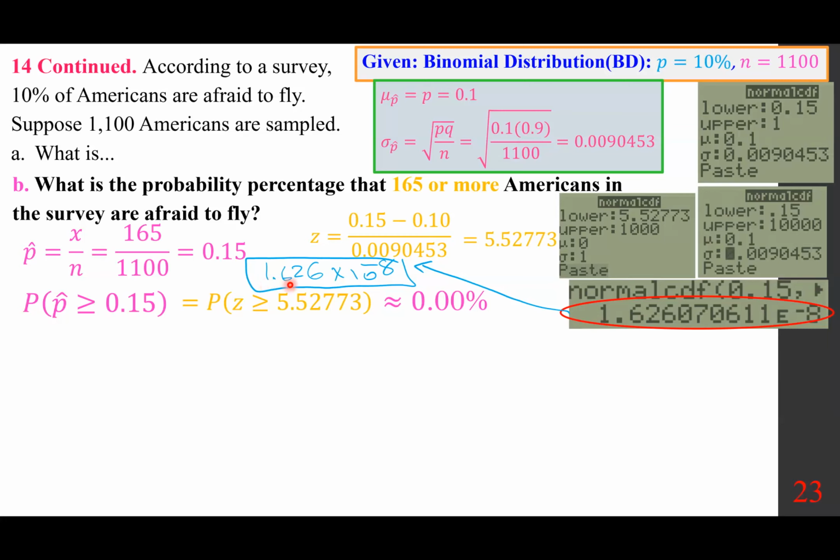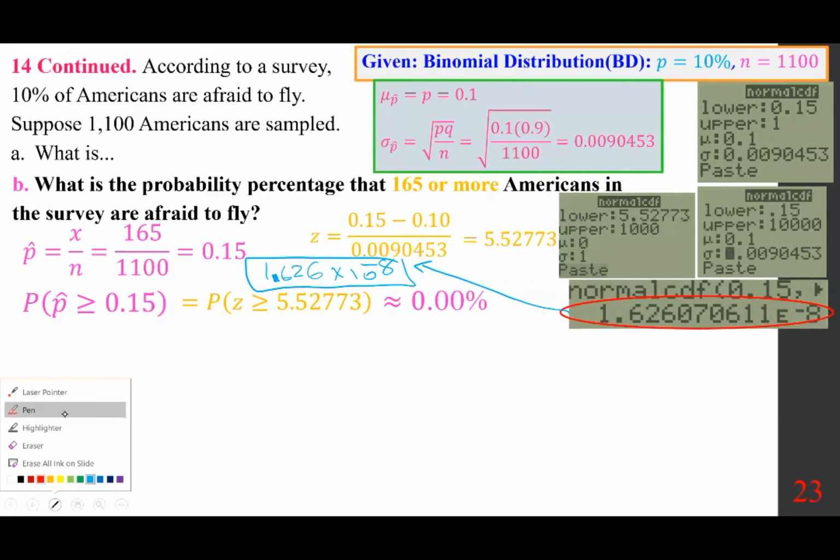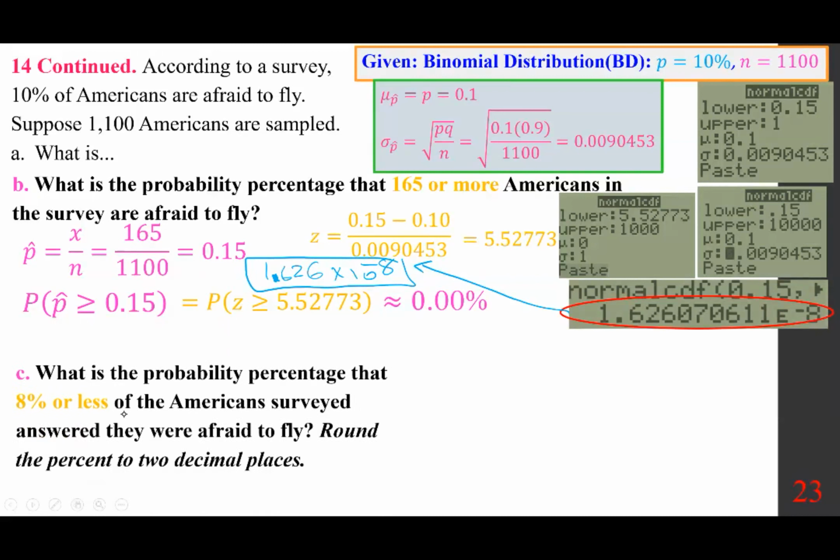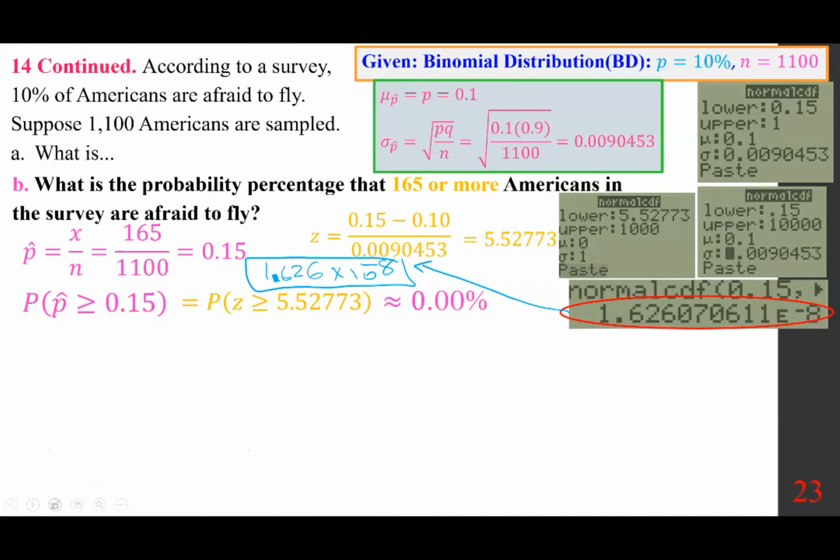So I have to go 8 places, so this decimal point must move this way, 8 to the left, and you add 0, 0, 0. So I have 7 zeros and then 1, which is almost 0. That's the meaning of it. Sometimes students put it into a calculator and don't know the meaning. This is scientific notation, everybody.